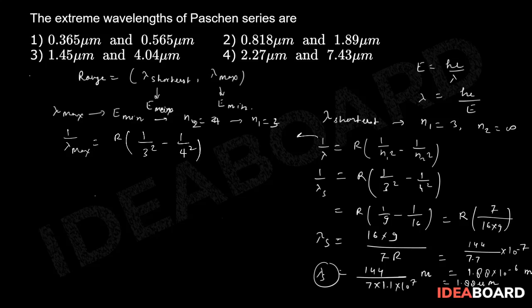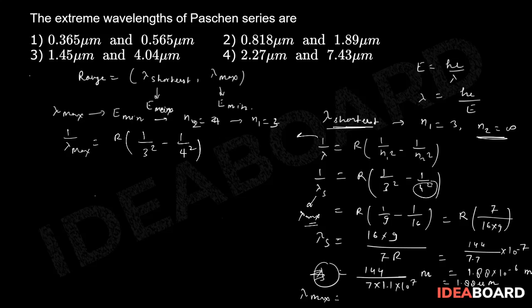Actually I have made a mistake here. I said this is lambda shortest, but in fact I calculated lambda maximum. Why? You can see I have to put n2 is equal to infinity here, but I made a mistake and put n2 is equal to 4. So this is actually lambda max. Let me correct it, otherwise we need to calculate again.